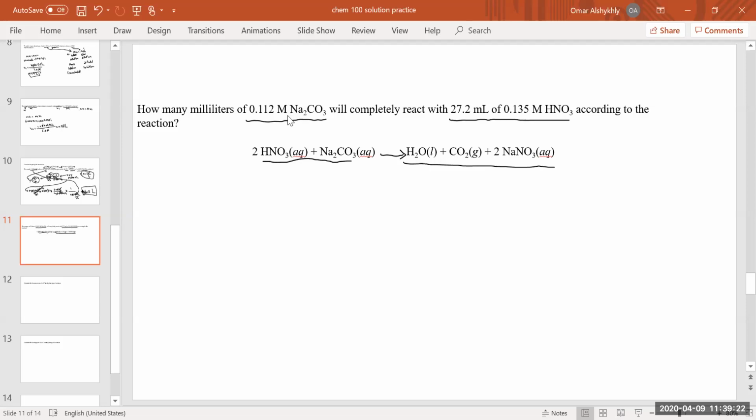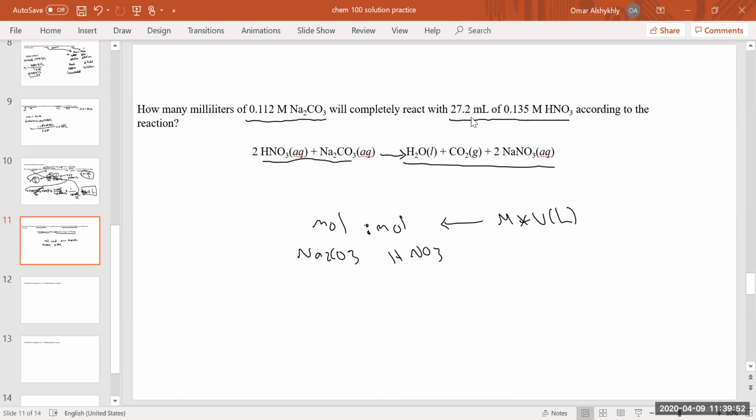They give you molarity. Of course, here start with the mole-to-mole ratio. Put it in the middle here: mole Na2CO3 and mole HNO3. We need to reach here to get the mole-to-mole ratio. What they give you here is molarity times the volume in liter.